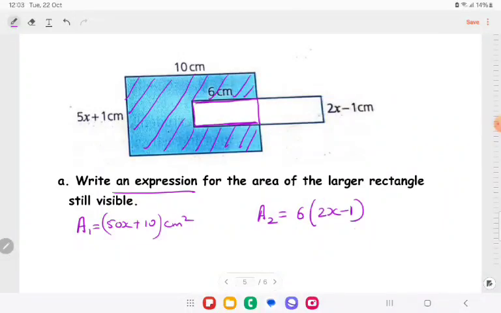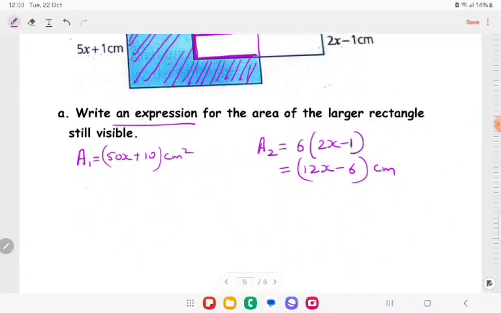Remember, the length into the width. Okay, it's a rectangle. 6 into 2 is 12x minus 6 centimeters square. So now if we want to find out the area only of the blue part, what do we do? We subtract the smaller area from the bigger one.